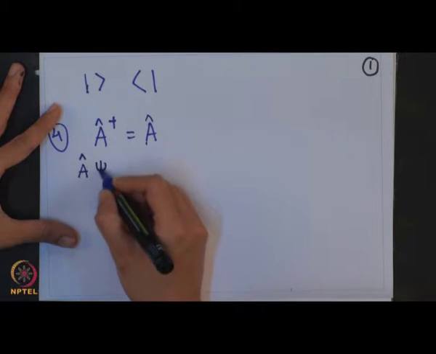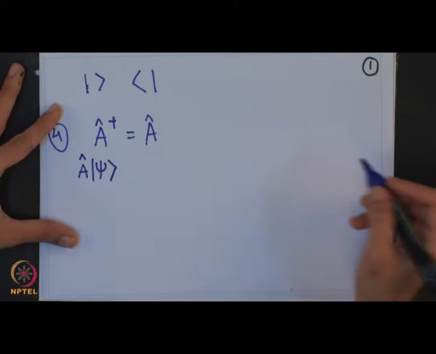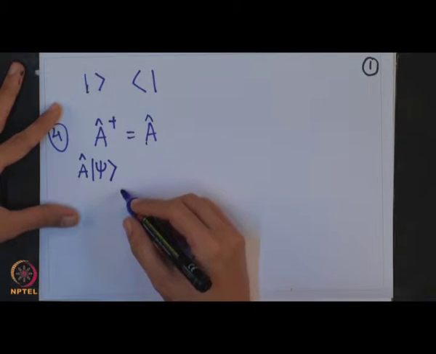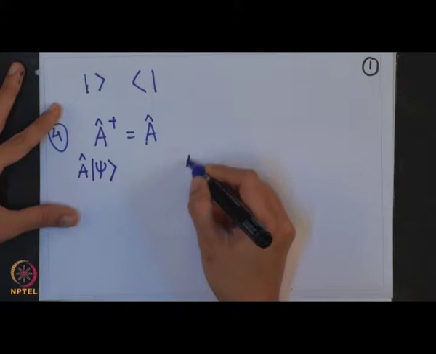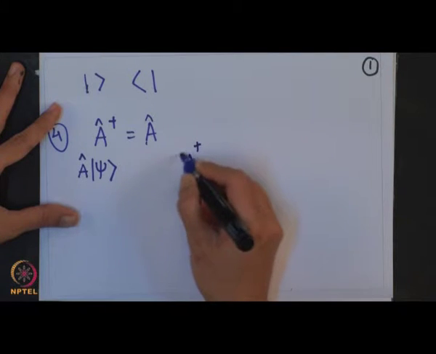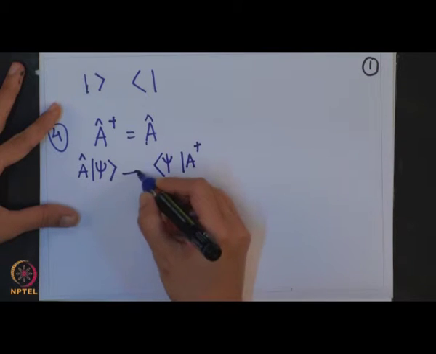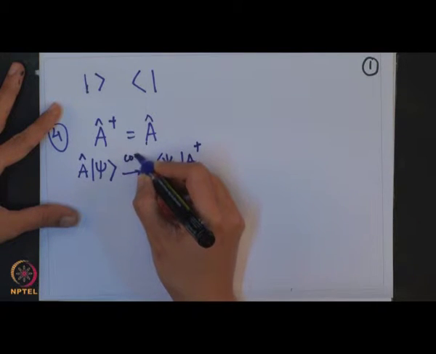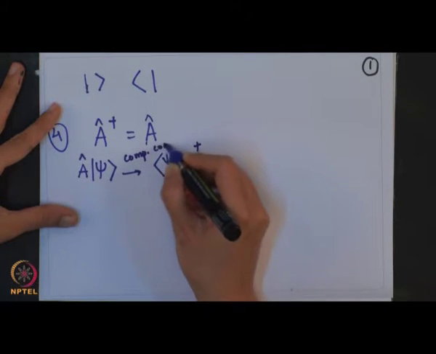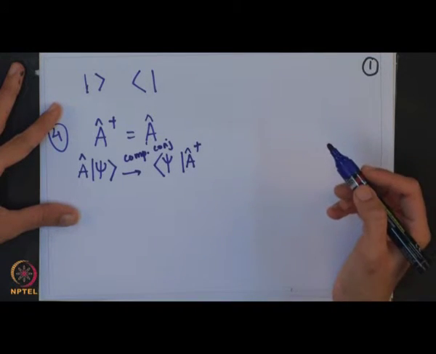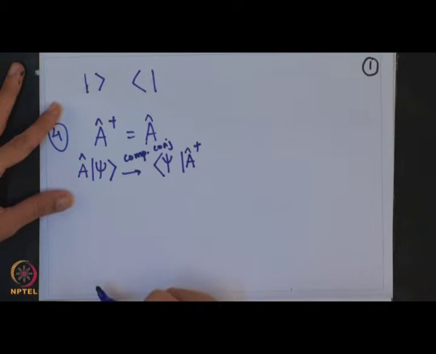Operator A on psi will be this in Ket notation. Now, the bra of this would be A dagger, and when you take the complex conjugate you will get psi dagger A dagger, the bra of psi.